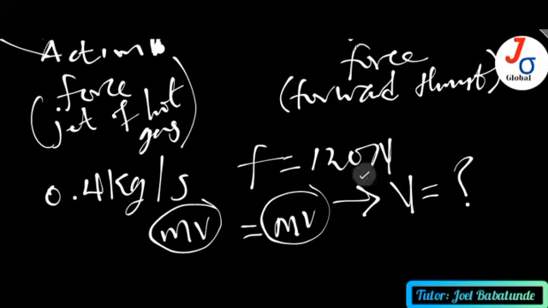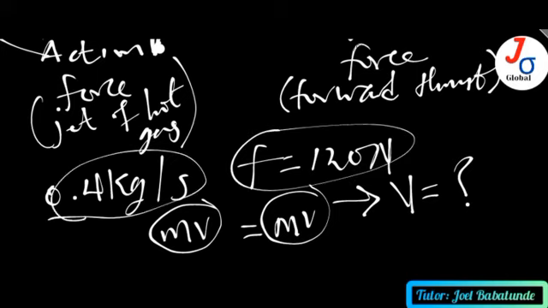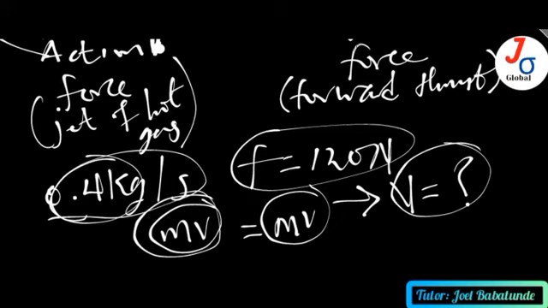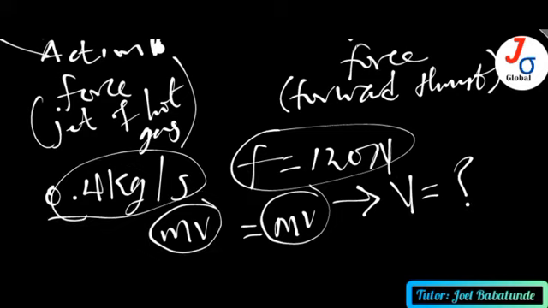Now the only thing we got is the force, and the rate at which fuel is being burnt at the action, but we don't know the mass and we don't know the speed at which they burn. So that's what we're looking for.